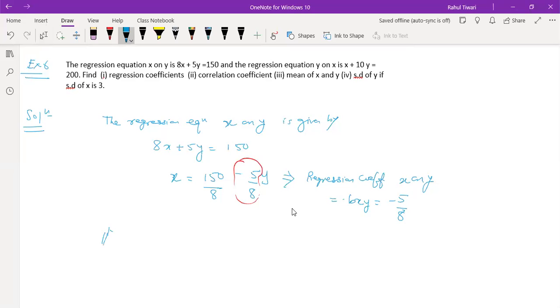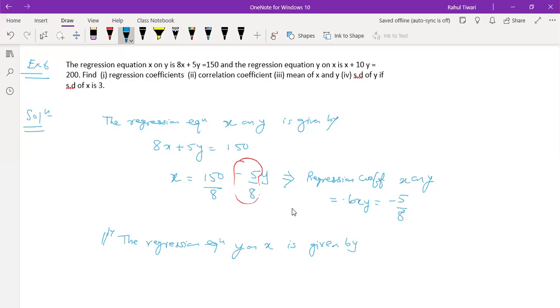Similarly, the regression equation y on x is given by... now can anyone tell me within a minute what could be the byx? Anyone can tell immediately, it is minus 0.1. So you can understand how simple it is to get it done.